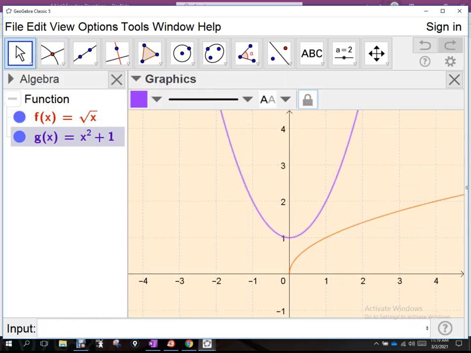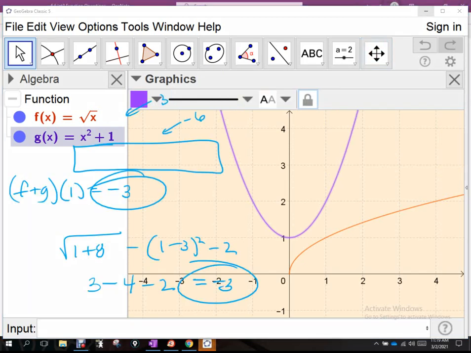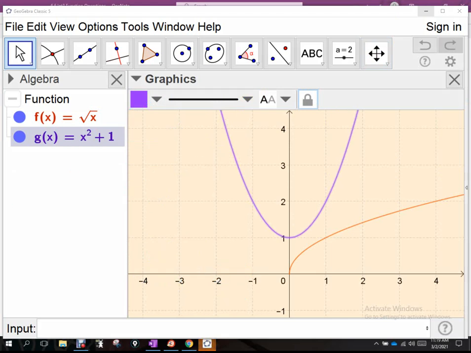Let's think about if we were interested in what f of g of 1 would look like. So this is the numerical approach instead of the algebraic approach. We're going to look now at the function that has x attached to it.